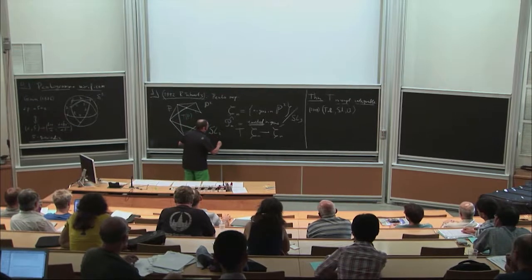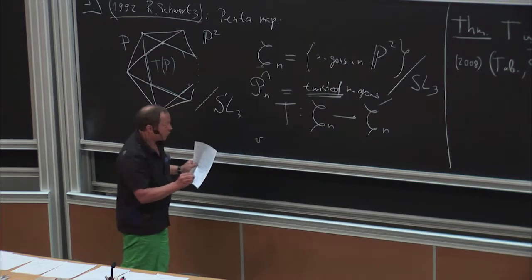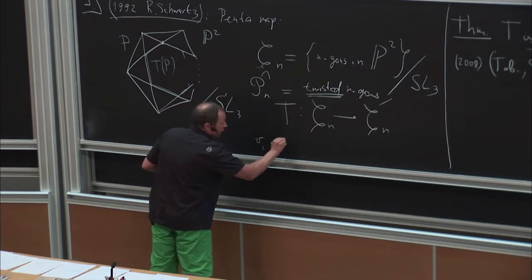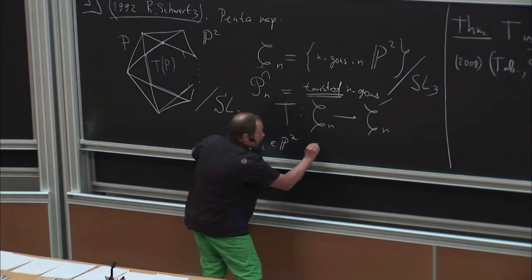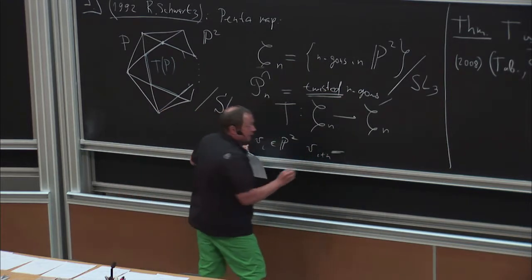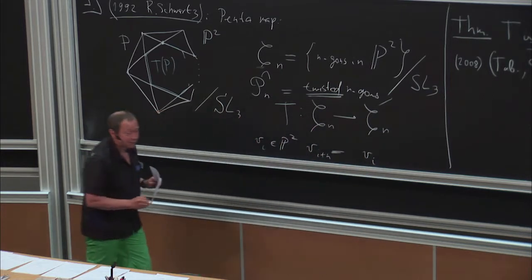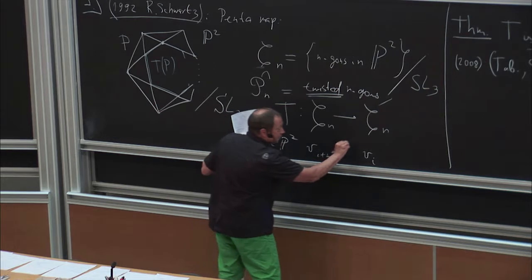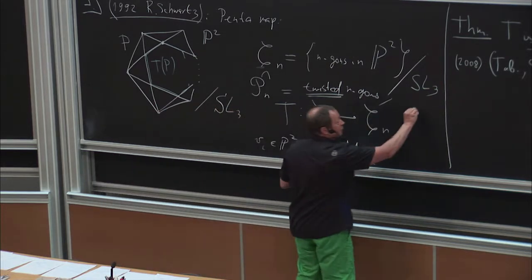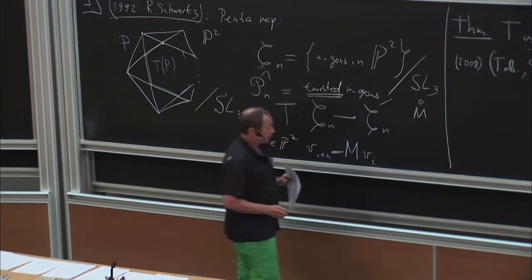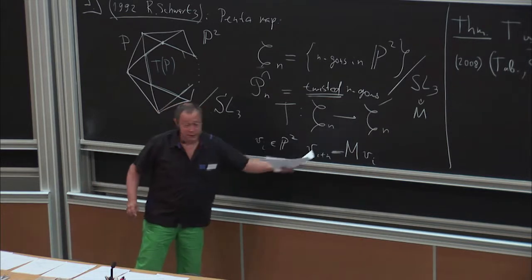More precisely, a twisted n-gon is an infinite sequence of points in P2, with the property that V_{i+n} is not exactly equal to V_i, but up to some map M, which is an element of SL3, and it does not depend on the choice of this point i.